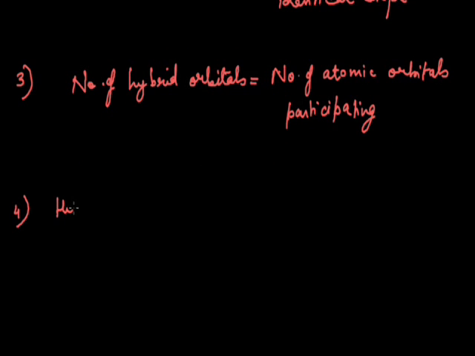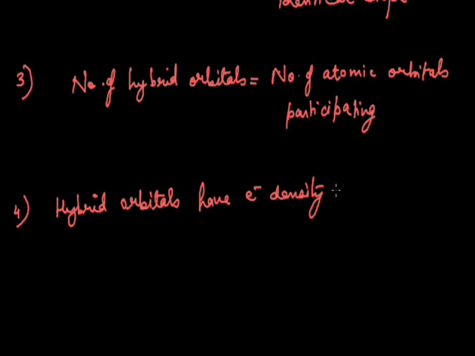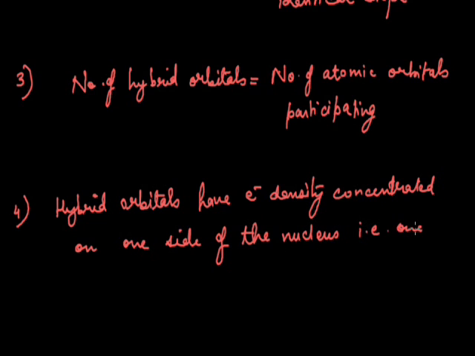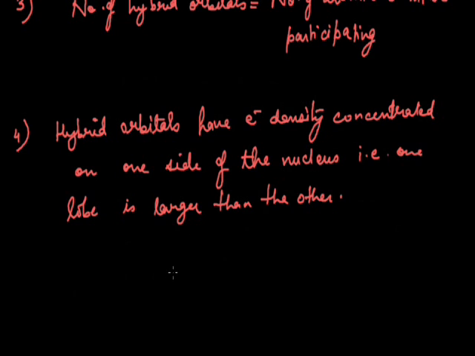Next, the hybrid orbitals have electron density concentrated on one side of the nucleus. That means one lobe is larger than the other lobe, and hence we can say the shape of the orbital would be somehow like this.